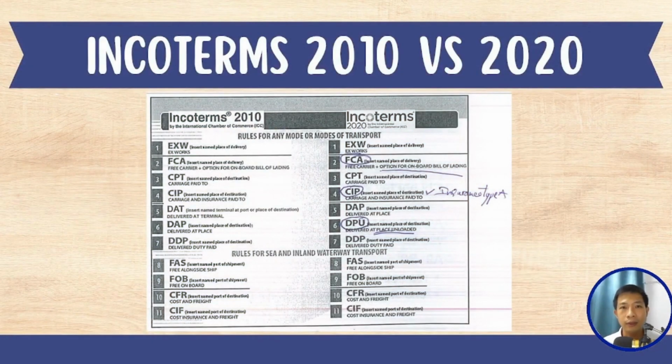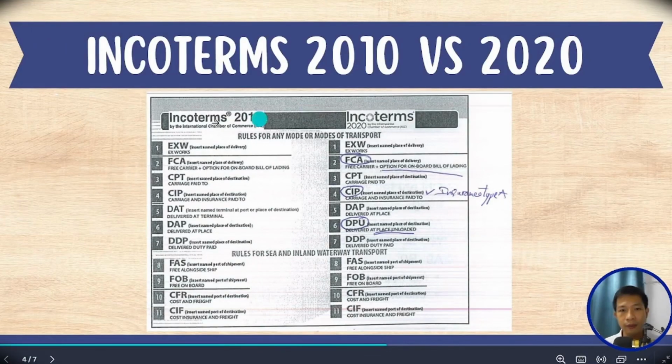Okay. In the next slide, I will share with you the most fundamental differences between Incoterms 2010 and Incoterms 2020. On your left is Incoterms 2010, and on your right is Incoterms 2020. Both of these have a total of 11 terms, from number 1 to number 11.